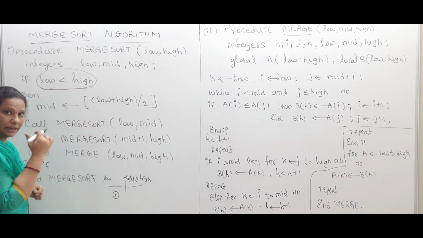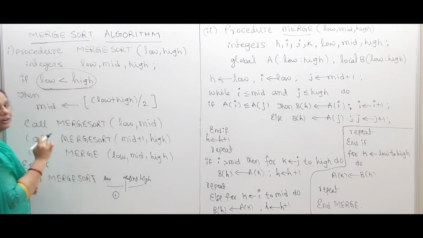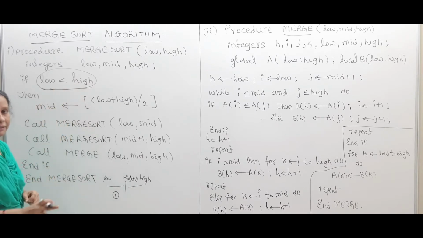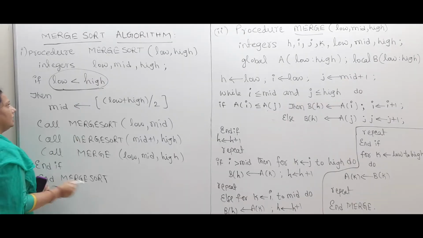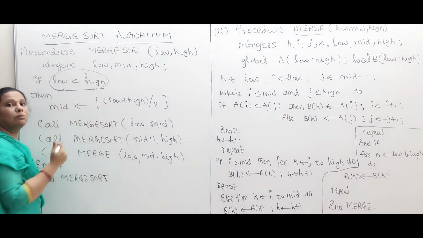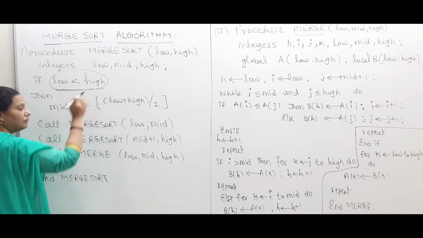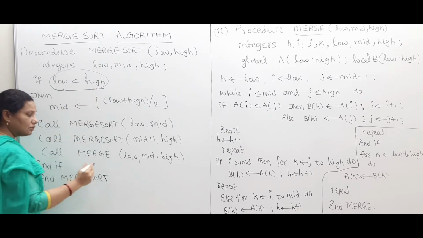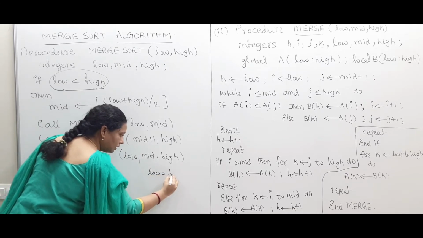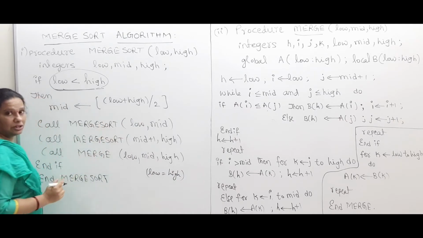If your low is less than high, go for division. If this condition fails, then don't go for division.